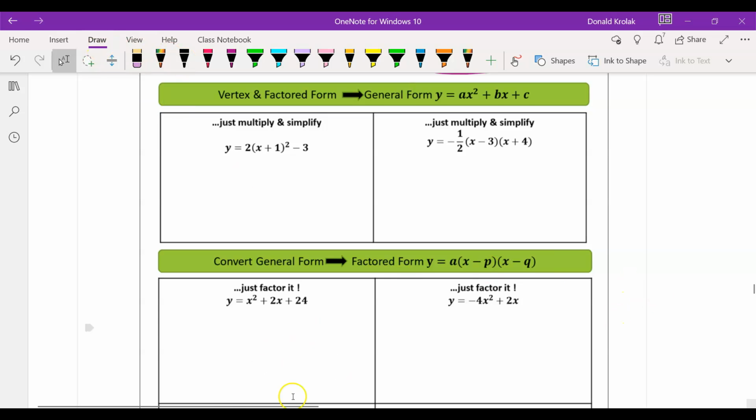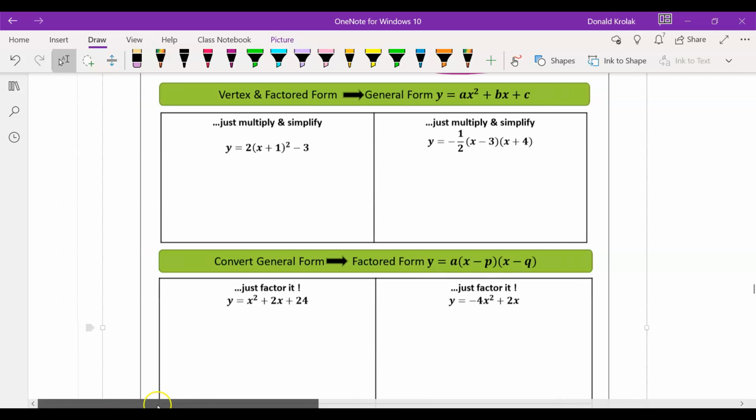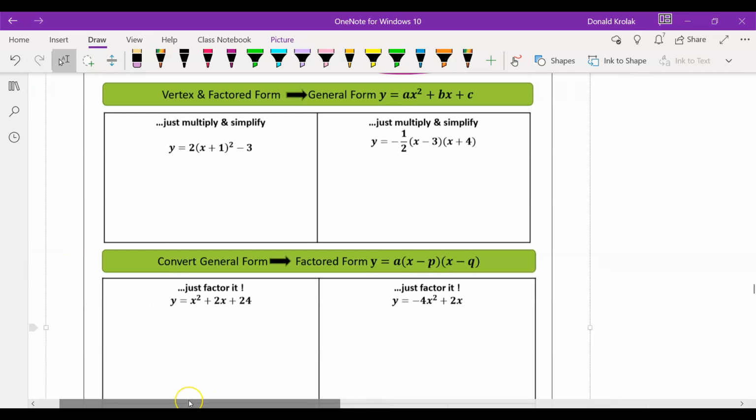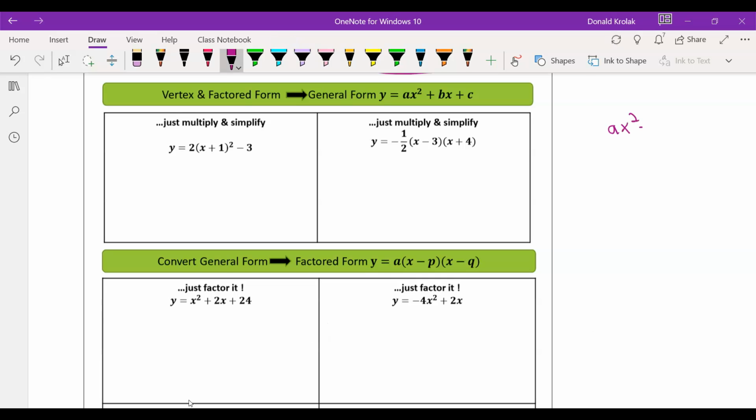All right, so what we're doing today is transforming from different forms of a quadratic. So we've talked about a quadratic can be written in general form. It can be written in vertex form.